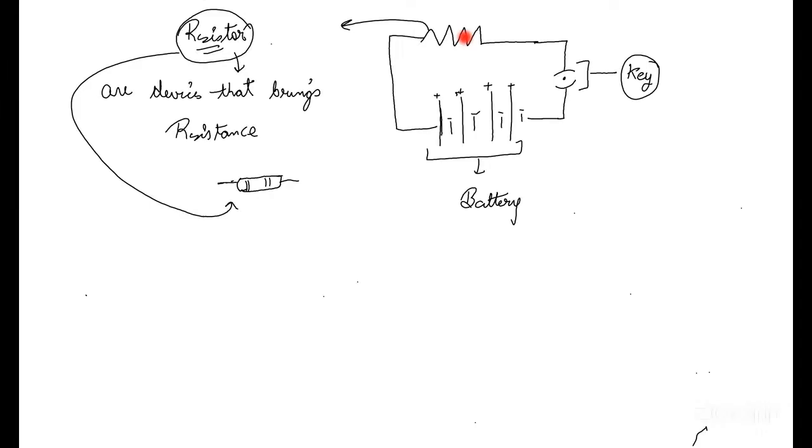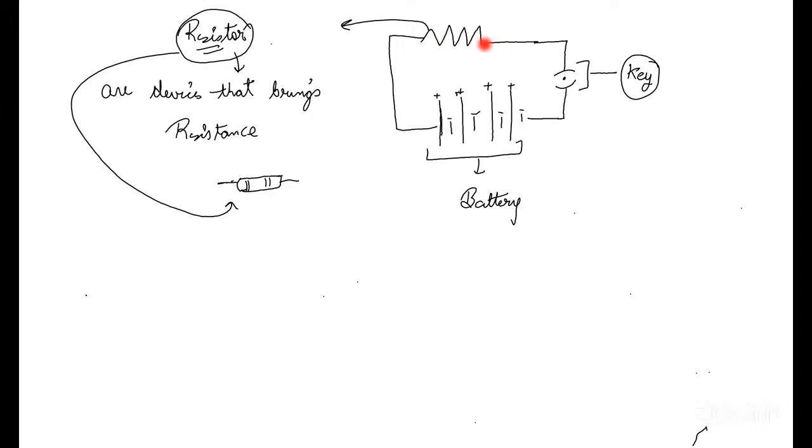It will burn. So yes, we need resistors so that we can stop the flow of electric current. Did you understand? Yes or no? So in the same way, if we want to show that a resistor is used, we will draw it like that.